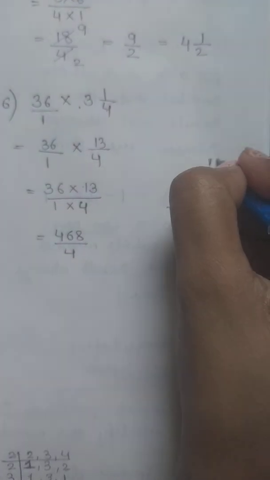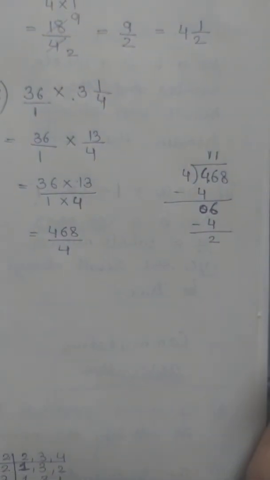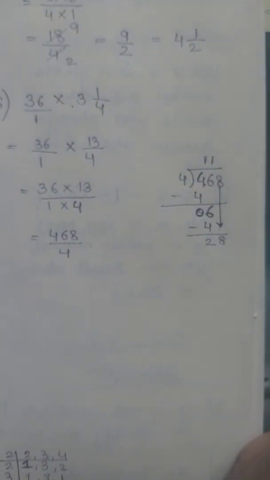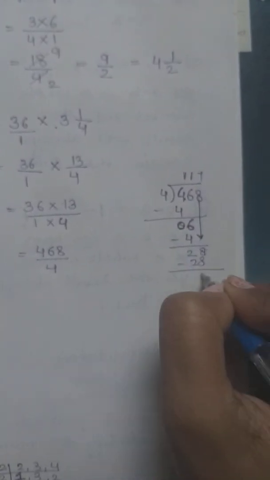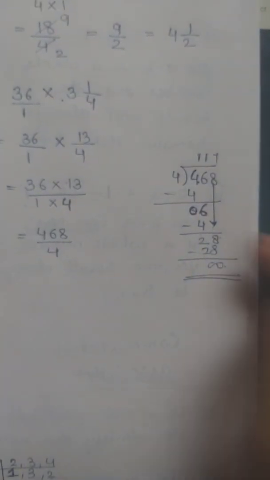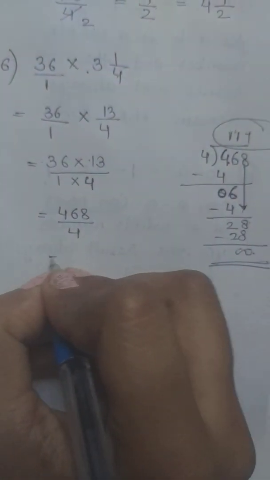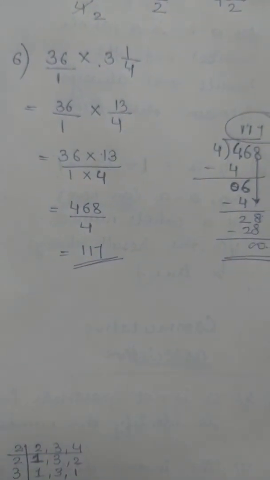Then again 4 1s are 4, 2 in the remainder, then 8 will carry down, 28. Then 4 7s are 28, nothing in the remainder. So this is the final answer: 468 divided by 4 is 117.